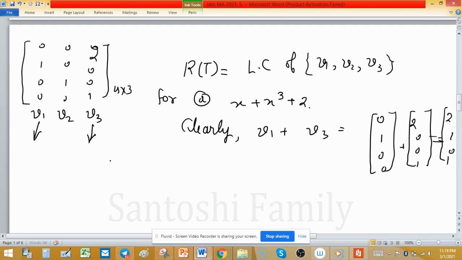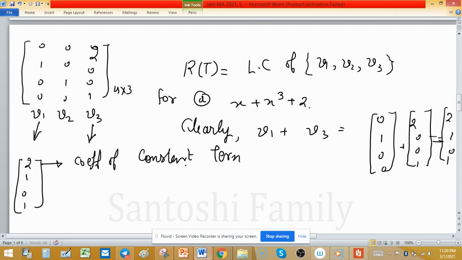Last constituent into 1. And this vector 2, 1, 0, 1, this is the first constituent and it is the coefficient of the constant term. This is the coefficient of x, and the last is the coefficient of x cube, meaning the cubic term.